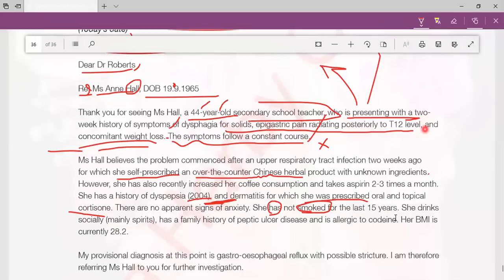Present perfect is have or has plus past participle. This will be used for what? For indicating an incident that happened in the past and has an effect on the present.